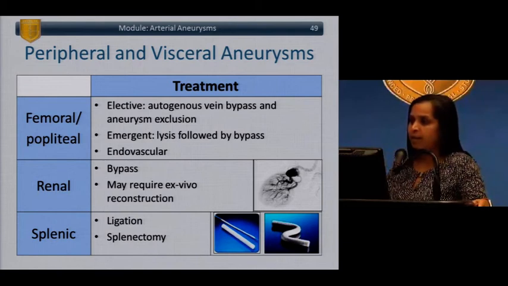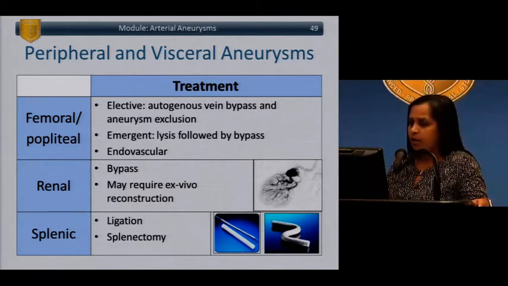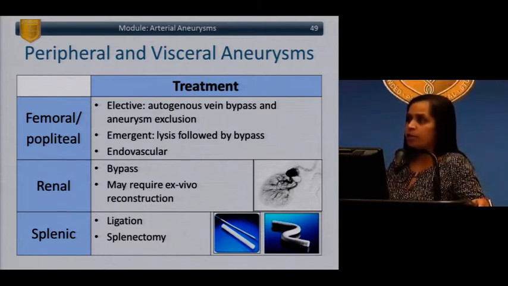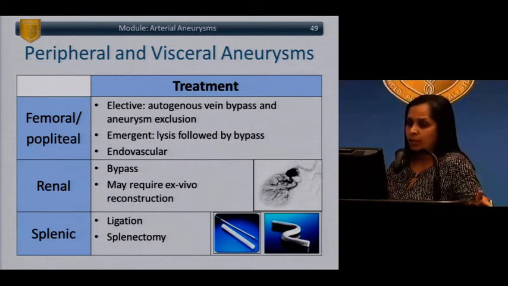They can be complicated, especially if they're out towards the hilum and might require some sort of ex vivo reconstruction. And then splenic artery aneurysms can be ligated. Nowadays, we can often embolize them or treat them with stent grafts as well, depending on their location. And in worst case scenarios, you can do a splenectomy.